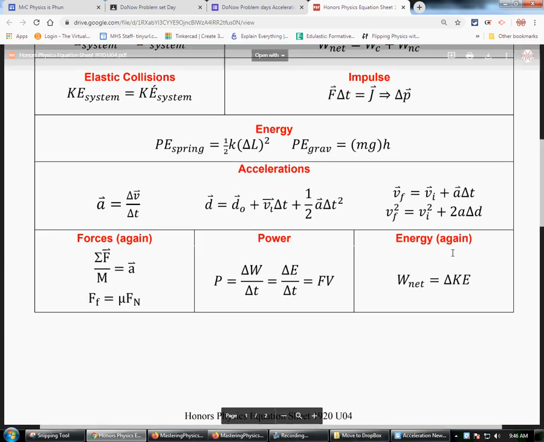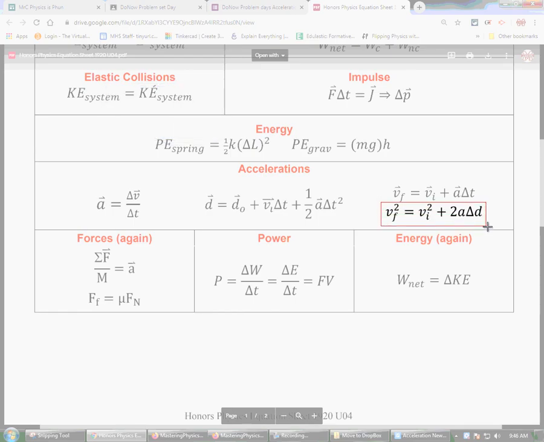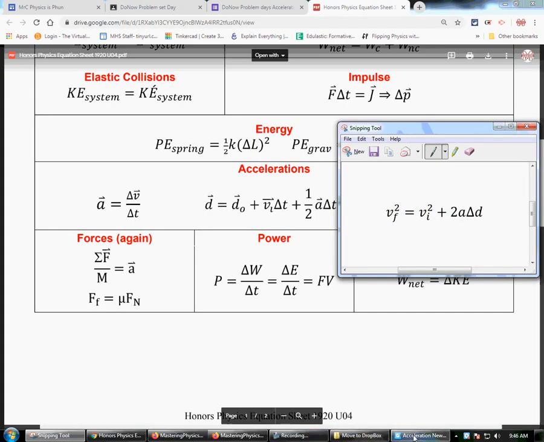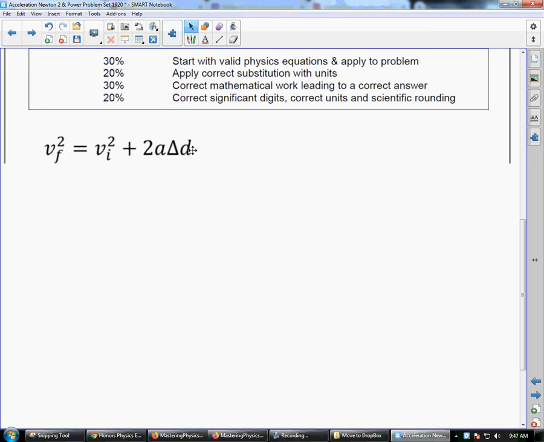And the one I'm looking for is this one right here, so I'm going to grab that and put that in here. So I'm starting with my value equation. The most common mistake using this equation is to forget the squared terms in it. Just like in the big, long kinematics ones, that's the most common mistake also.